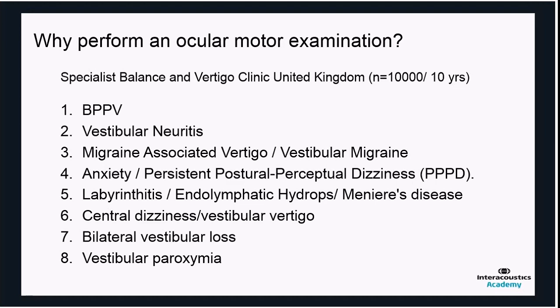Very much at the top we have these vestibular conditions that we're familiar with: BPPV, vestibular neuronitis, migraine and migraine-associated vertigo. But if we go a little bit further down that list, what we can see is dizziness that is present in a central or vestibular vertigo.